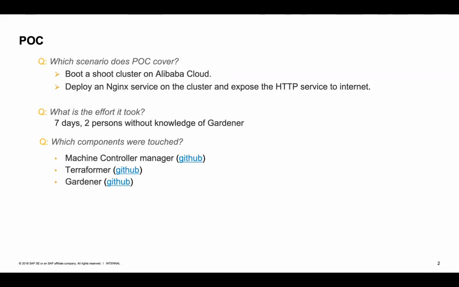The first one is Machine Controller Manager. The second one is Terraformer. The third one is Gardener. All of these components are in GitHub. You can find them in the Gardener project.